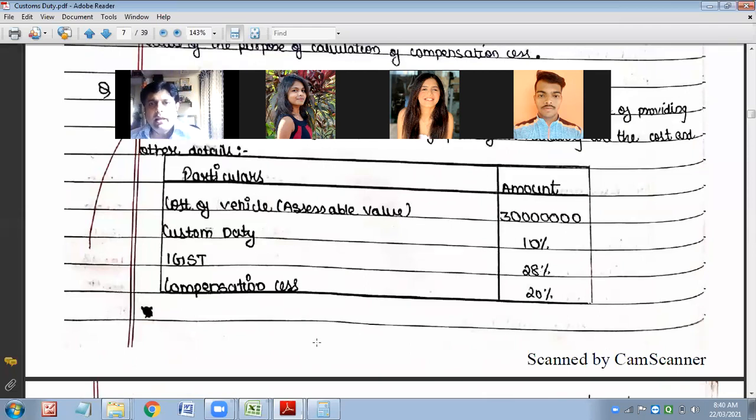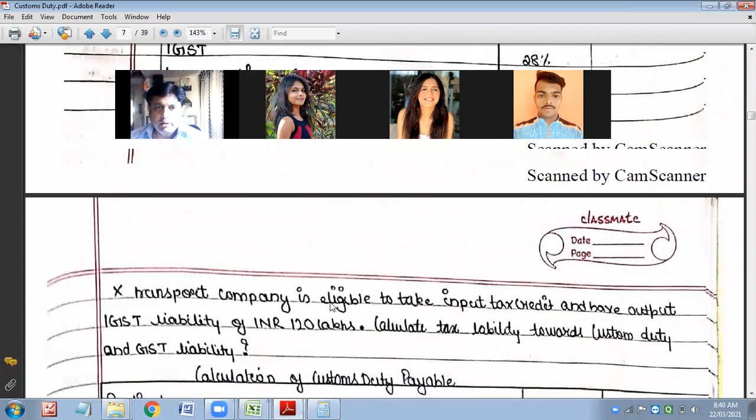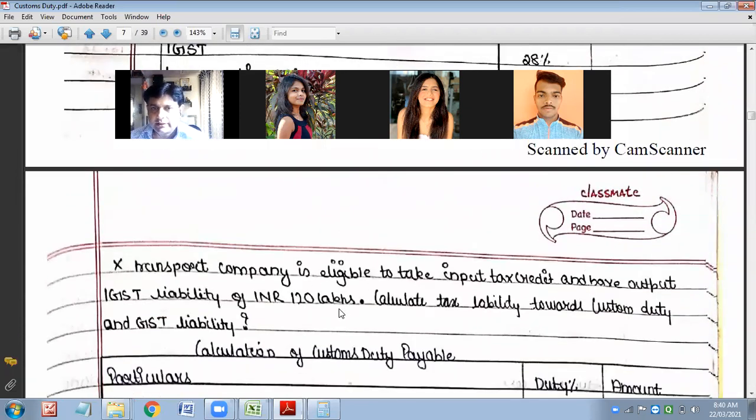Just keep in mind they have ITC also of 120 lakhs.